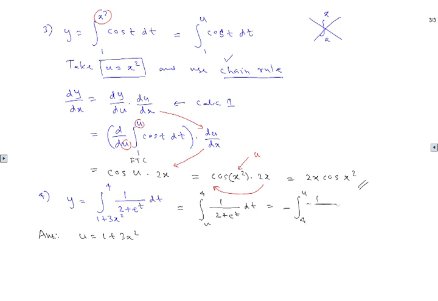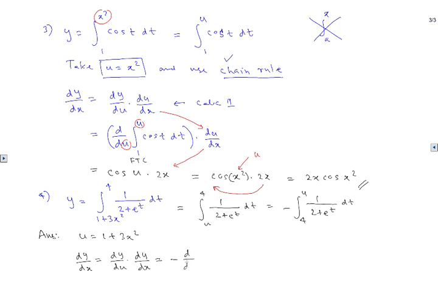So it is 1 over 2 plus e to the t dt. Good, now we have everything we need. So dy by dx, which is dy by du times du by dx. For the first part we can use the fundamental theorem of calculus. So if I do that, I can pull the negative sign out.